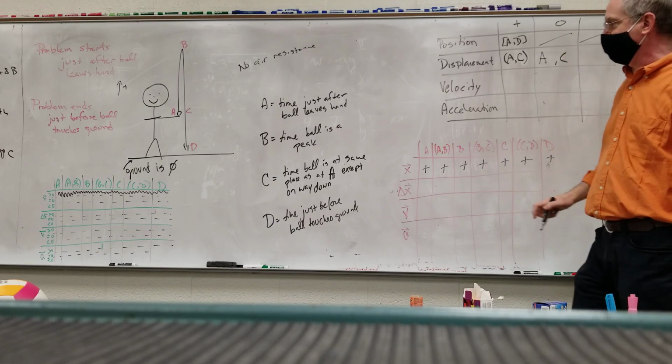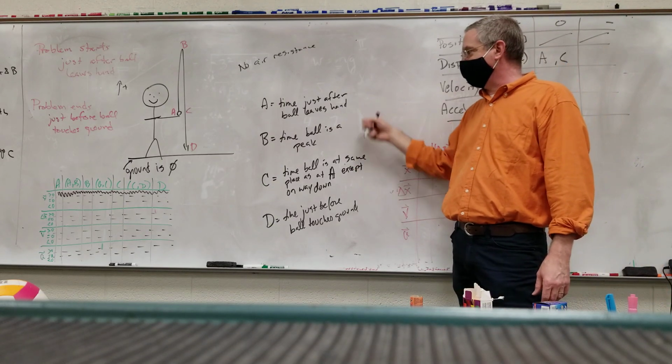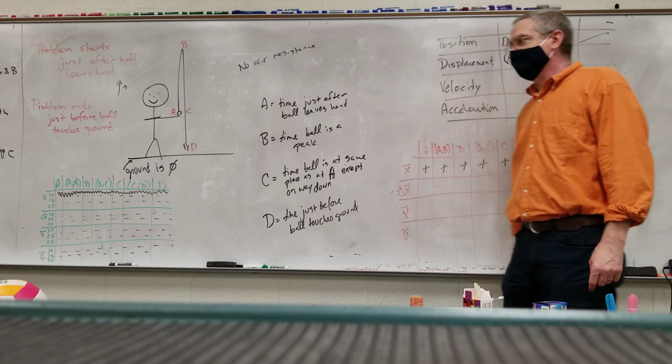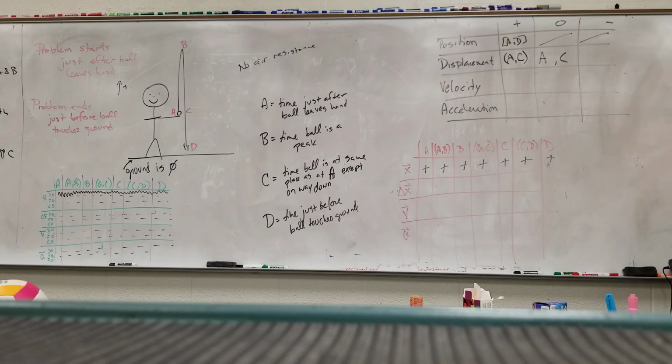Yeah, because A and C, they're at the exact same point at time A and time C. And negative? C to D. Including neither of them? Only including D. Okay. So not including C, including D.